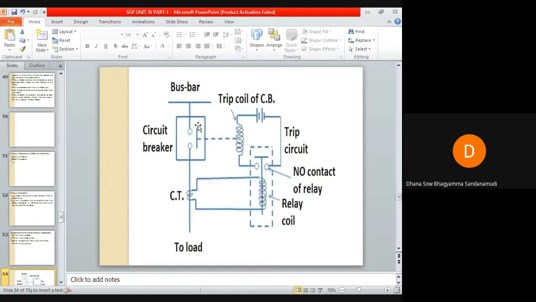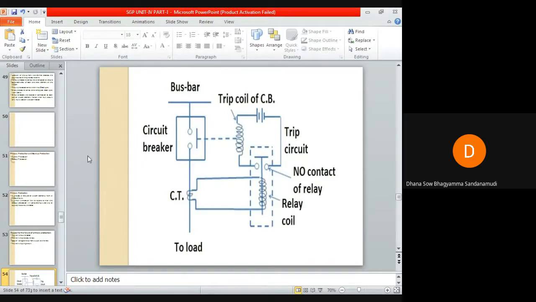In this image the contacts are away from each other, but under normal operating conditions the moving contact will be in contact with the fixed contact. Jammed contact means the moving contact won't be able to move away from the fixed contact.